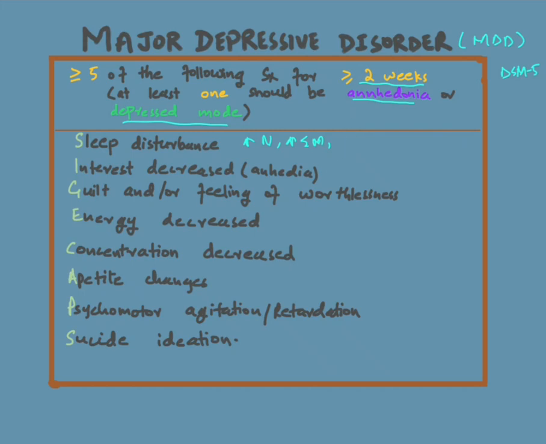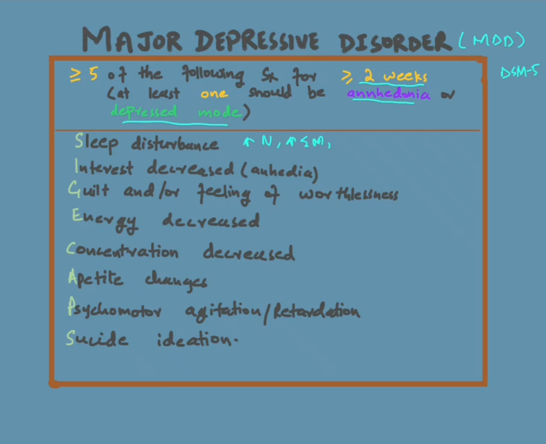What that means is that normally after every 90 minutes, we get another REM sleep. But in major depressive disorder, the latency of the REM sleep is decreased.